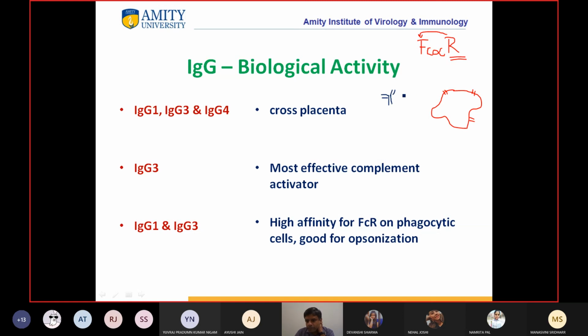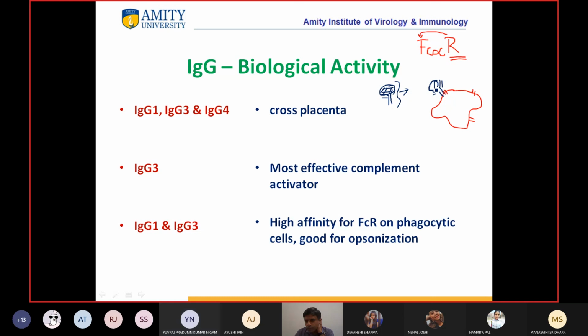This antibody will bind on the receptor of the phagocytic cell. Now just imagine this FAB region is already attached with the pathogen, right? So which end is free? The FC region, right? So this whole complex will bind to the phagocytic cells through the FC region, so the FC region has to come into contact with the receptor. Okay, clear?